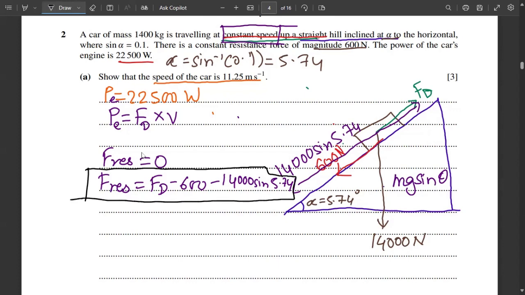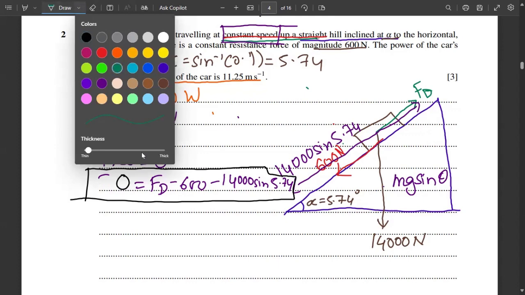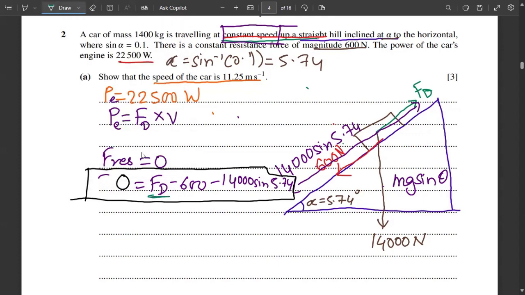Now, what we know is F resultant is 0. So instead of this F resultant, I can write 0. And now we can see that this Fd is the only variable remaining. So Fd will be 600 plus 14,000 sine 5.74.